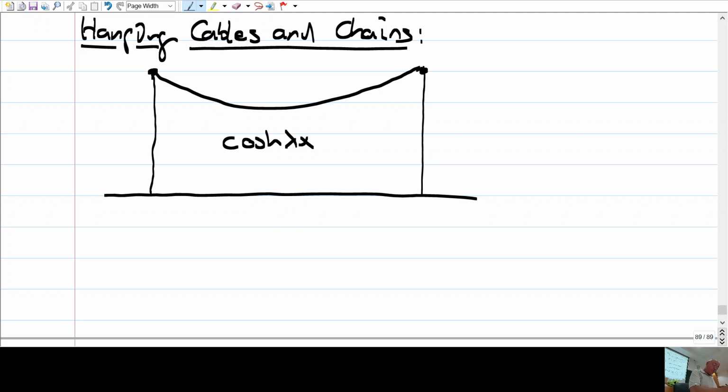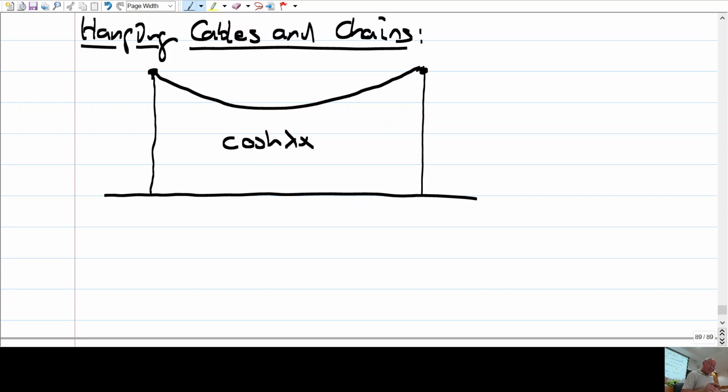Horizontal forces are the same. Why is that? Because the object is not moving, right? If the horizontal forces are not the same, then the wire would move, but it stays the same. It means the horizontal parts of these tensions are the same.